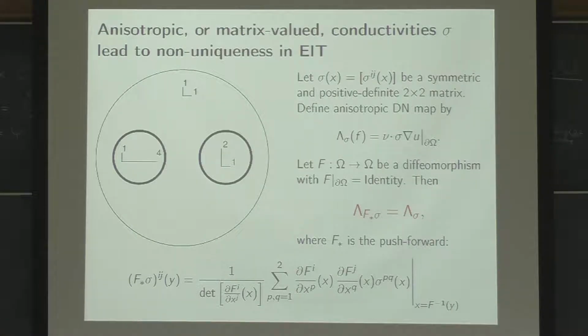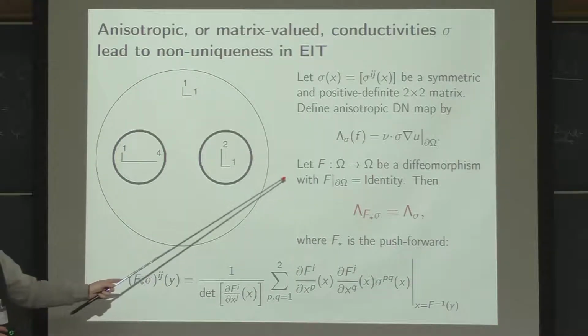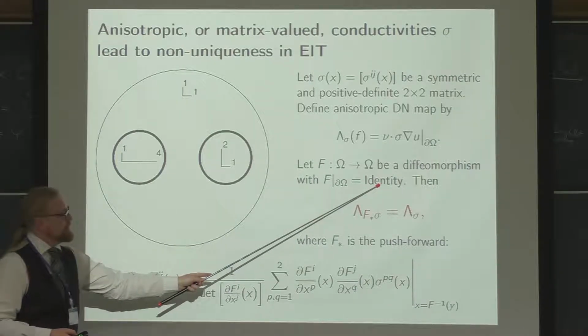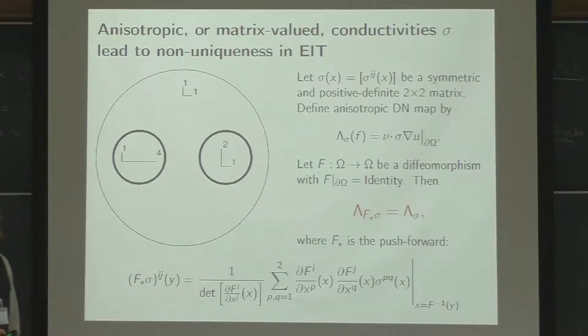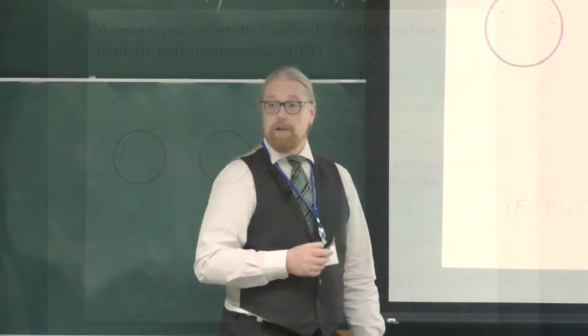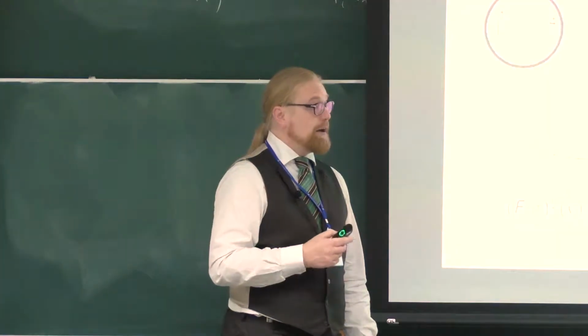This is known to be highly non-unique. You can take any diffeomorphisms that fix the boundary, and then the Dirichlet-Neumann map will be the same. So there is quite a big amount of non-uniqueness in the anisotropic case.